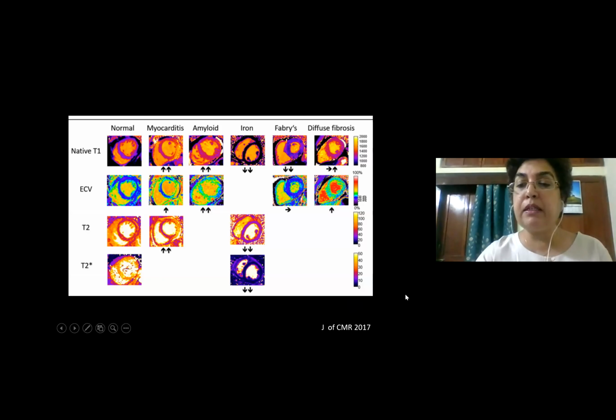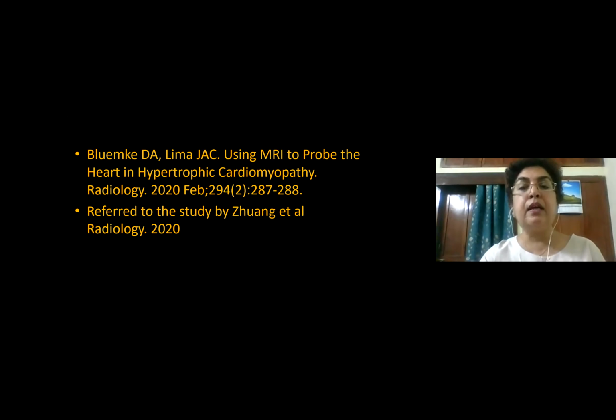And this is similar to this particular study, which says that in diffuse fibrosis, native T1 may be normal or mildly elevated, but ECV is usually elevated. So let's see what was the conclusion from this particular article.